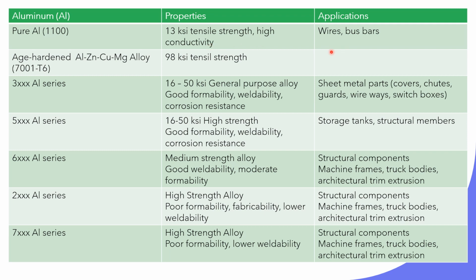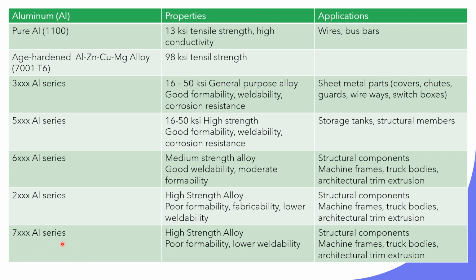We use them in wires and bus bars. The next one is we're going to age harden the aluminum and then add zinc, copper, magnesium, and make an alloy. They're in the 7 series here as well. The strength is about 98 ksi tensile strength.